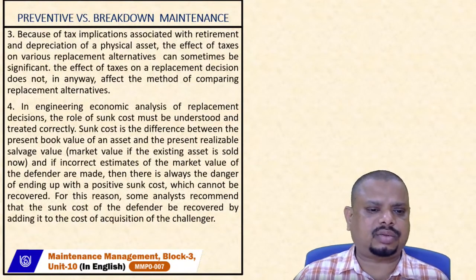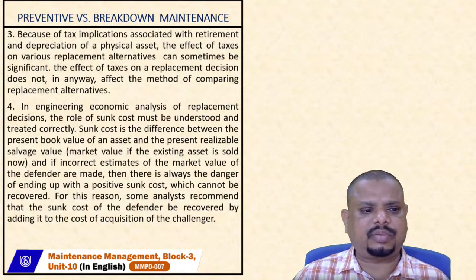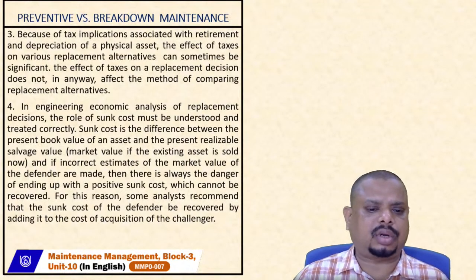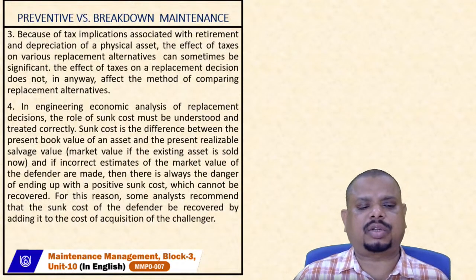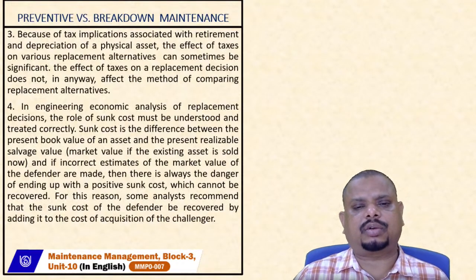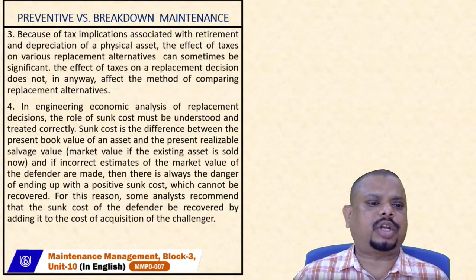That is known as salvage value. So the sunk cost is the difference between your book value and your salvage value. You take the positive decision whenever you think about the sunk cost with the help of the defender. You can easily go for anticipation or adding the cost of acquisition of the challenger. So this is point number 4.